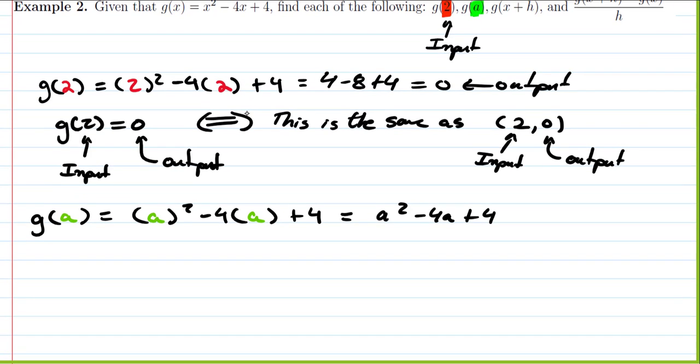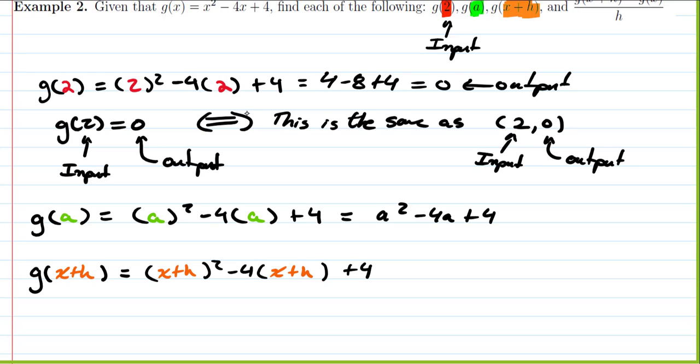All right, let's calculate our next one, which is g of x plus h. So if I replace all of my x's with x plus h, I'm now going to get the binomial (x plus h) squared minus 4 times (x plus h) plus 4.